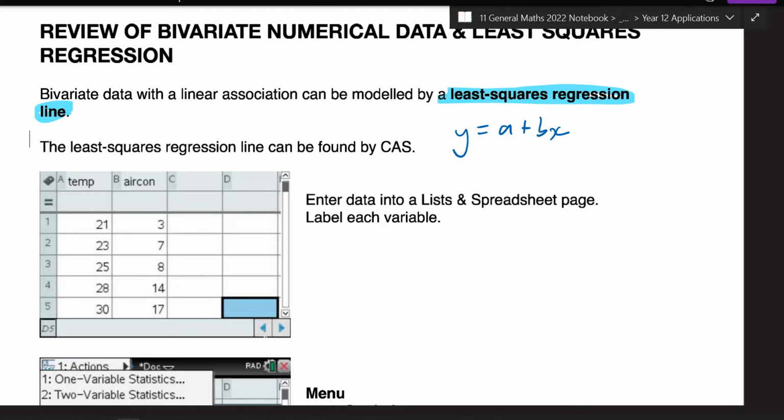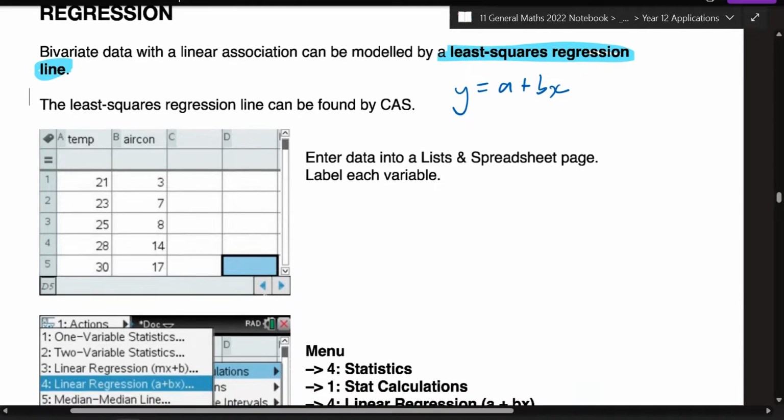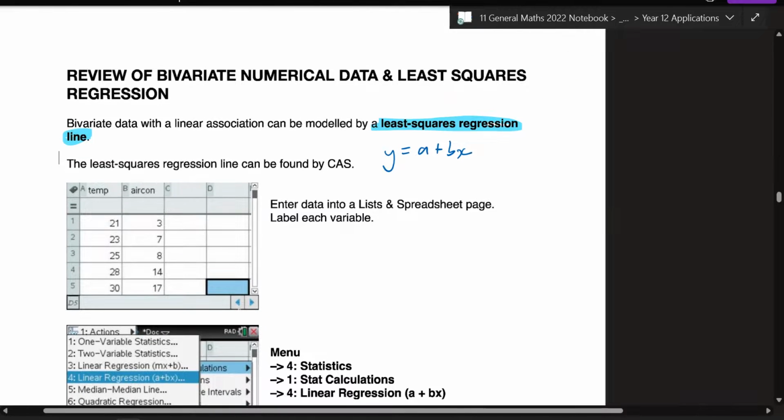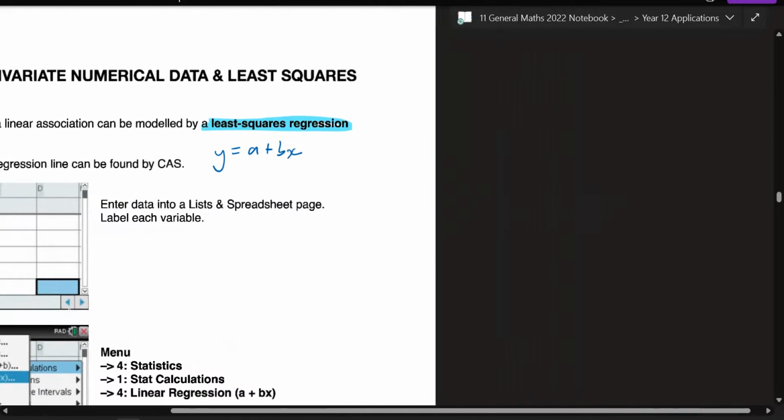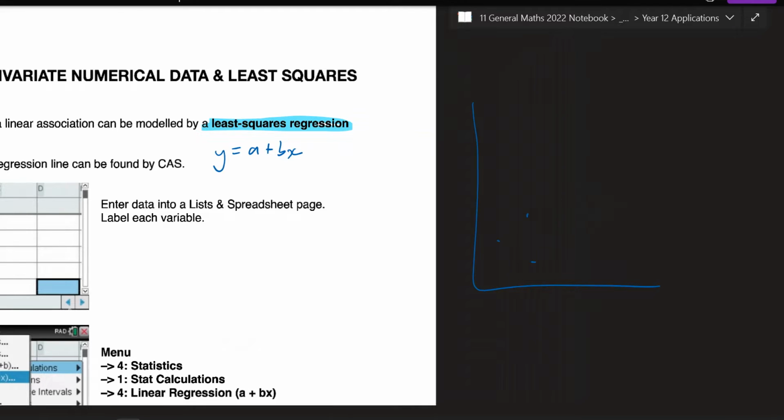All right, all good. So your least squares regression line, remember when it comes to bivariate, you're working with X and Y tables. Here is an X and Y table, and you'll have a bunch of dots, or what we call a scatter plot.